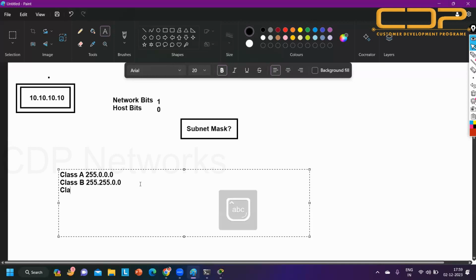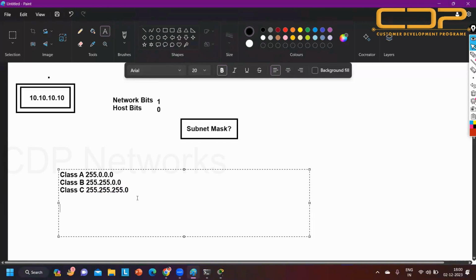Class C, 255.255.255.0. Now you can see here 24 bits are 1, meaning network bits, and 8 are host bits, right?